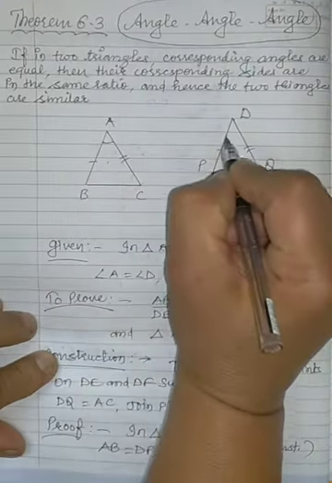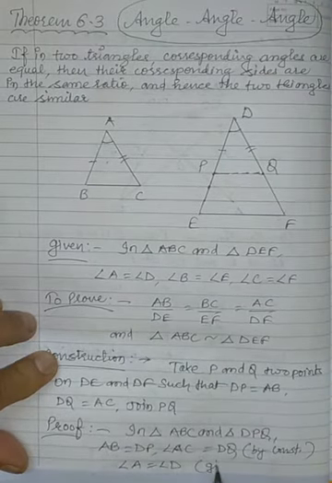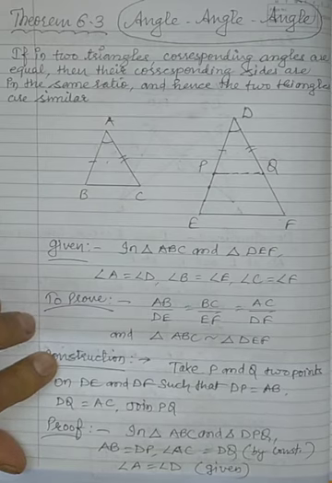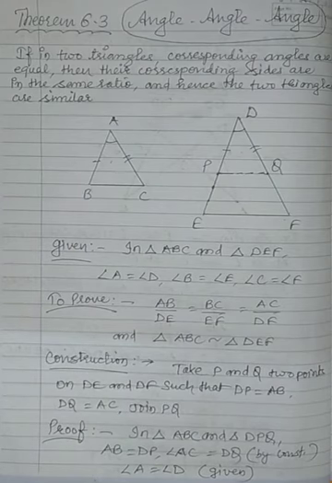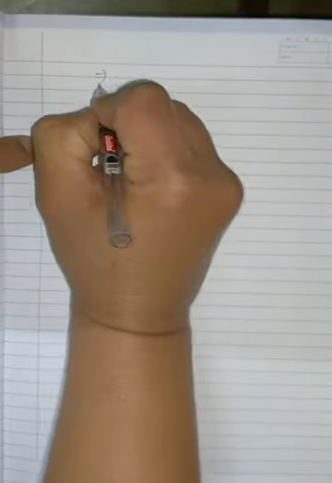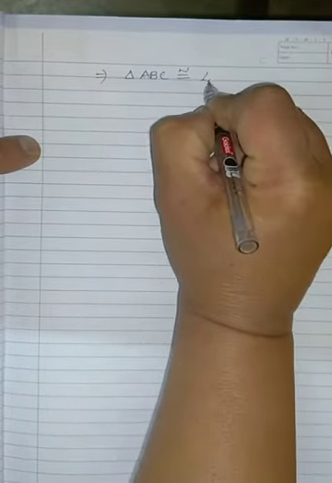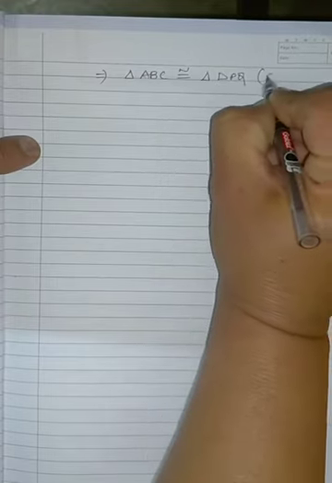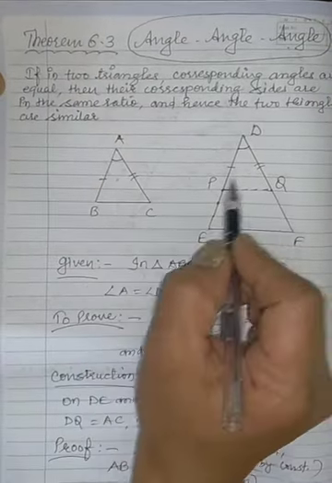Also, this angle A is equal to angle D. This we are given. We are given that both the triangles have their corresponding angles equal. This implies that triangle ABC is congruent to triangle DPQ by SAS.